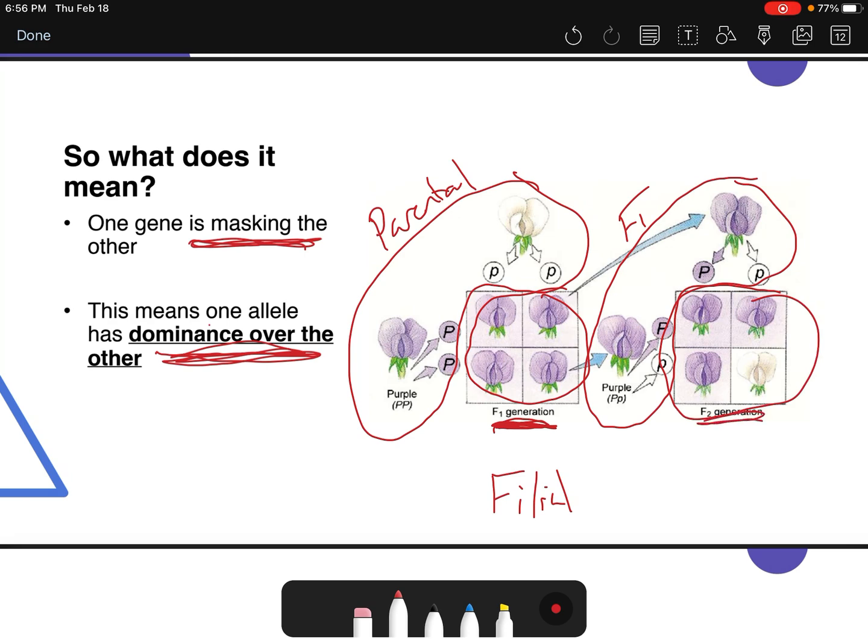The important thing about the F2 generation is that that is where the white allele was expressed once again. Because remember, it wasn't expressed at all in the F1. There was 0% chance for the white allele to be expressed in F1, and about a 25% chance for it to be expressed in the F2 generation.